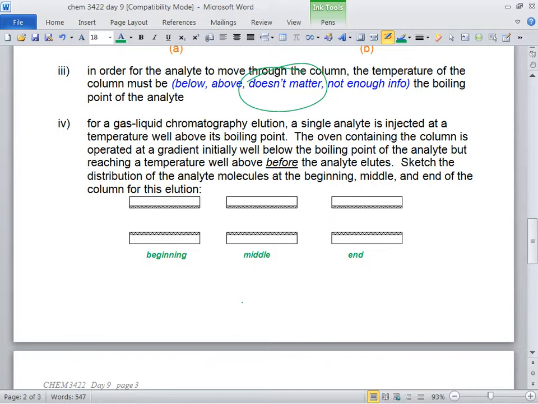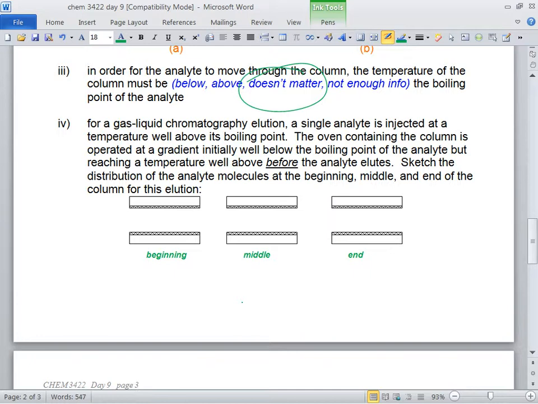The oven is operated at a gradient, which means what's changing? Since this is gas chromatography, if you hear the word gradient, the temperature of that oven is changing. Initially well below the boiling point of the analyte, but reaching a temperature well above before the analyte elutes.